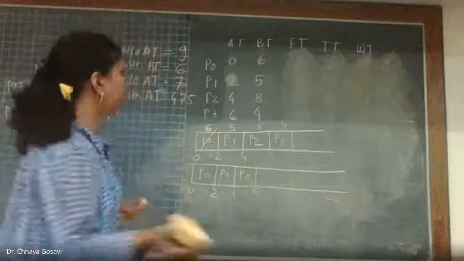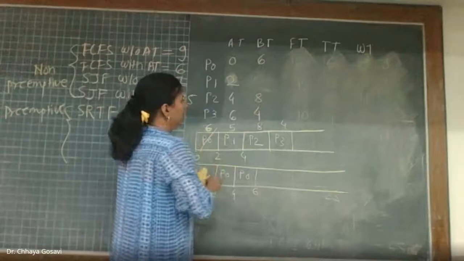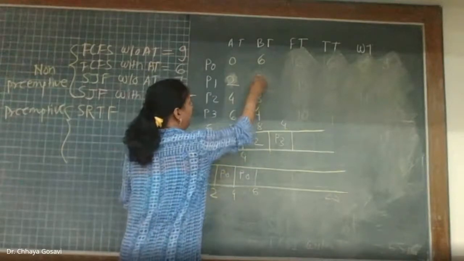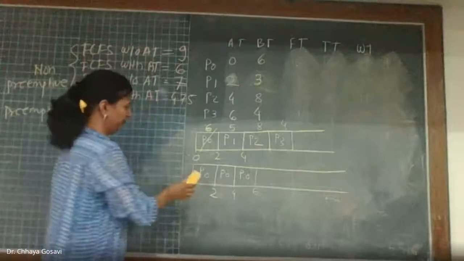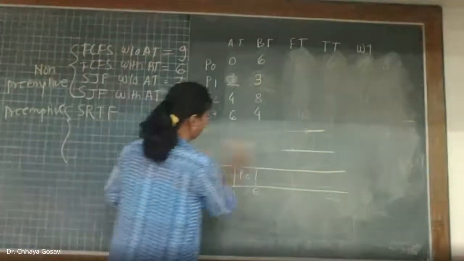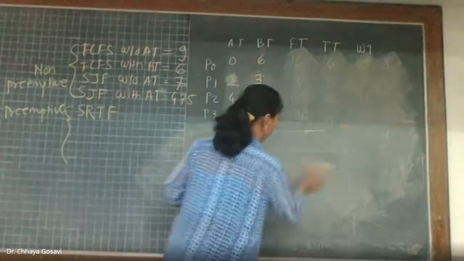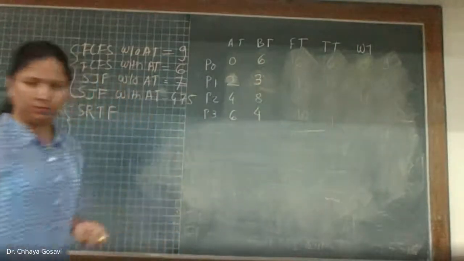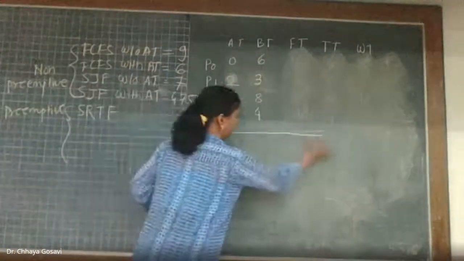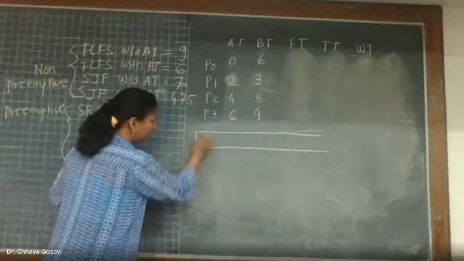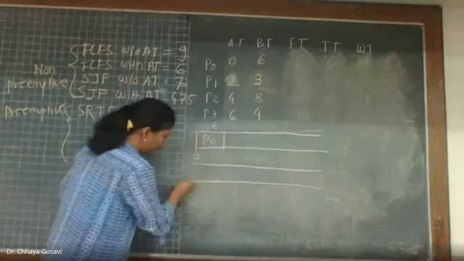I will just modify this to explain the algorithm. So if the burst time of P1 is 3, then at 0, P0 with 6 is scheduled to the CPU.